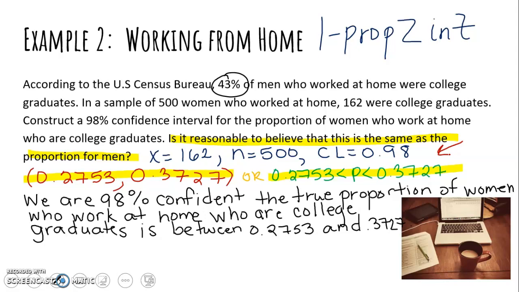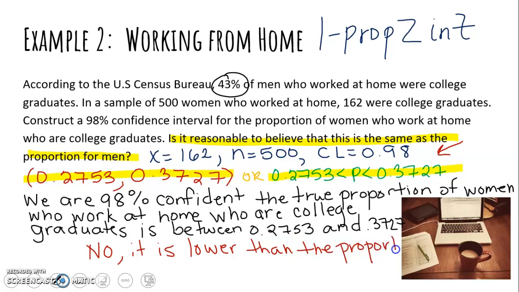So what that says is that the proportion can be no higher than 37.27%, which is less than 43%. So is it reasonable to believe that this is the same as the proportion of men? No, it is lower than the proportion for men.